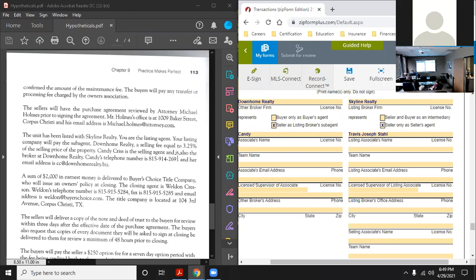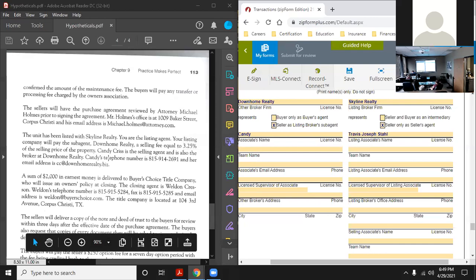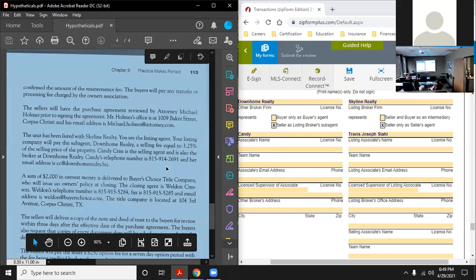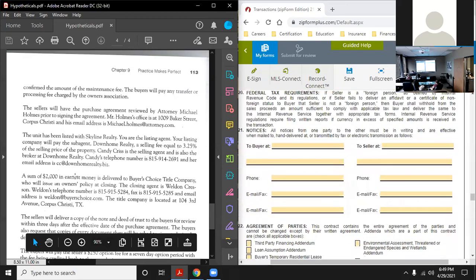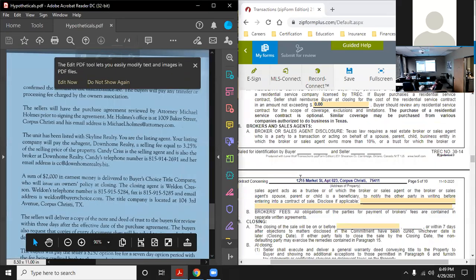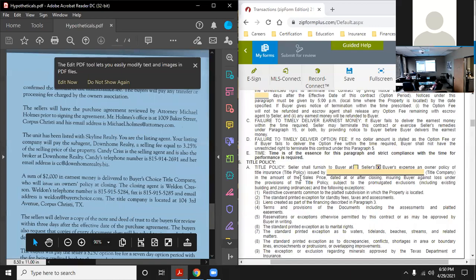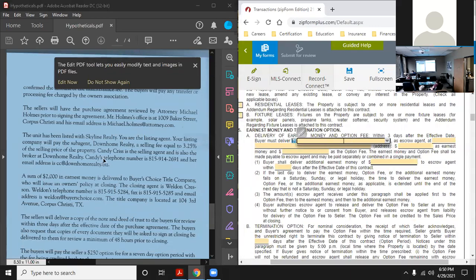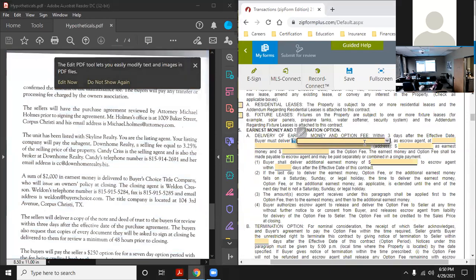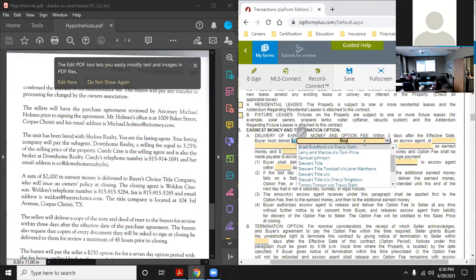So this is of course on her stuff. You put in her phone number and all that sort of stuff and her email address. Oh, we finally get it. So $2,000 in earnest money. So we'll go back up to, here we go. Earnest money will be given to, get that out of the way. Buyer's choice.